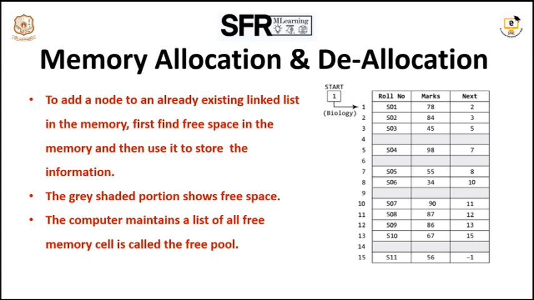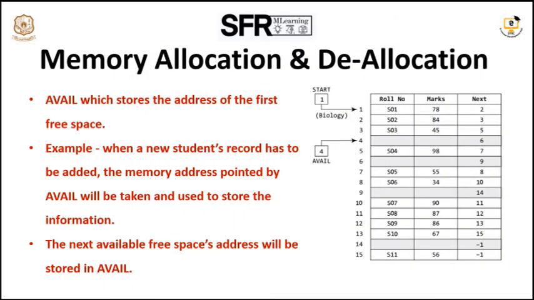This list of available space is called the free pool. Every linked list has a pointer variable, as we already know. For the free pool, there is also a pointer variable, avail, which stores the address of the first free space. In this picture you can see that avail shows the first free space in the memory.